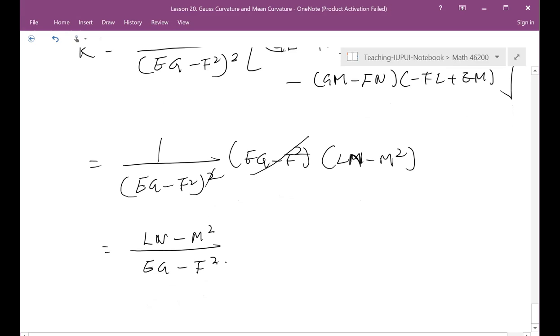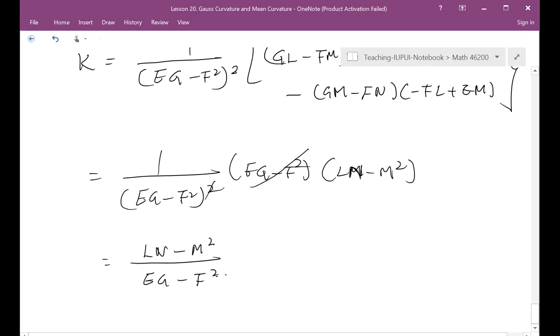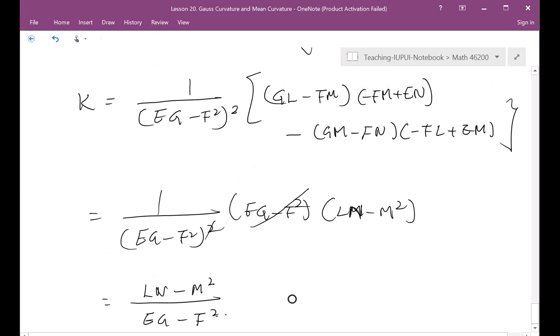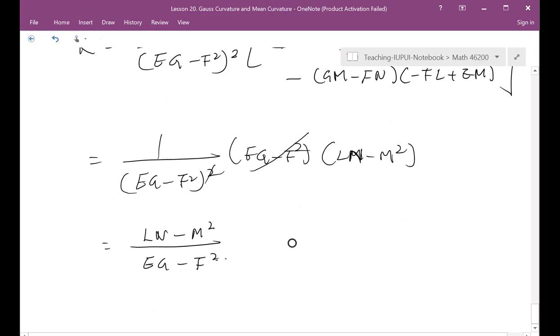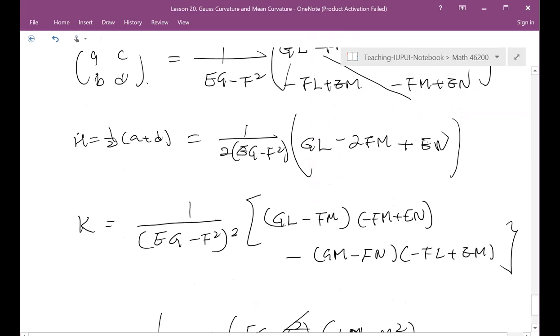We also, in the last class, I remember the Gauss curvature. So those are two formulas.